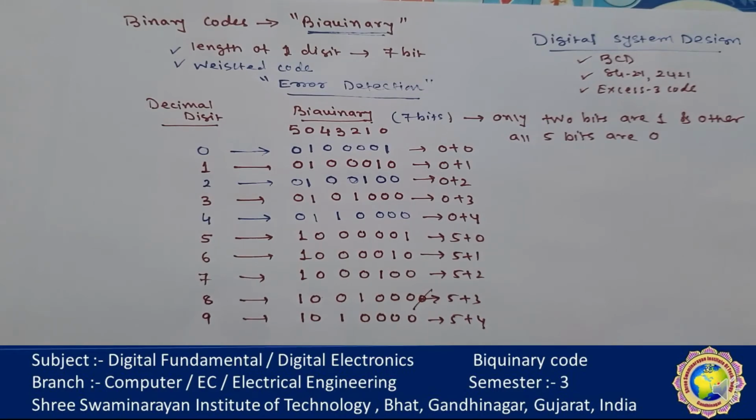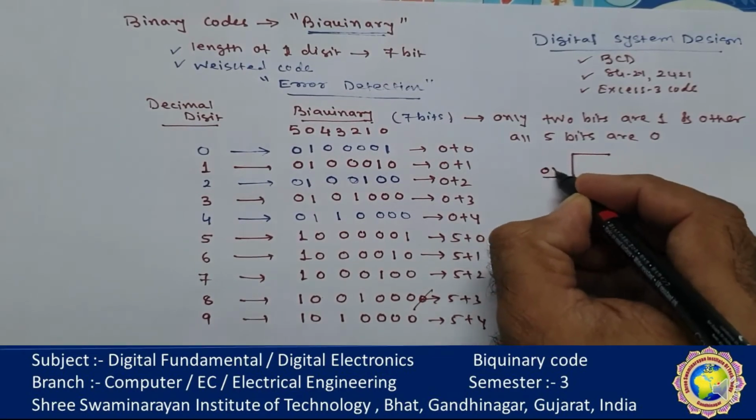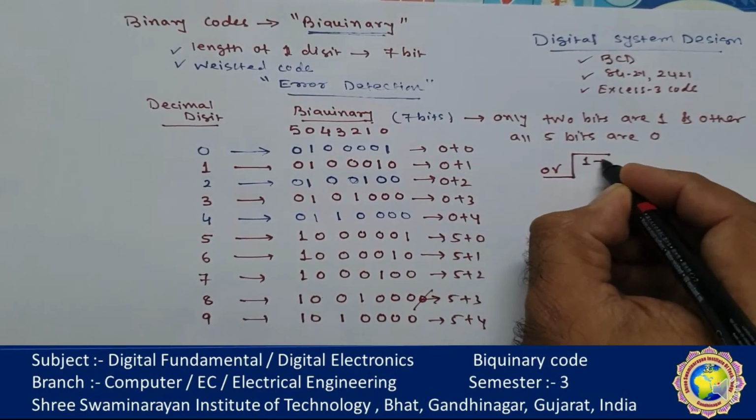The error detection property of this code may be understood from one realization: the digital system represents binary 1 by one distinct value and binary 0 by a second distinct value. As we know, 0 is represented by 0 volt and 1 is represented by 5 volt.